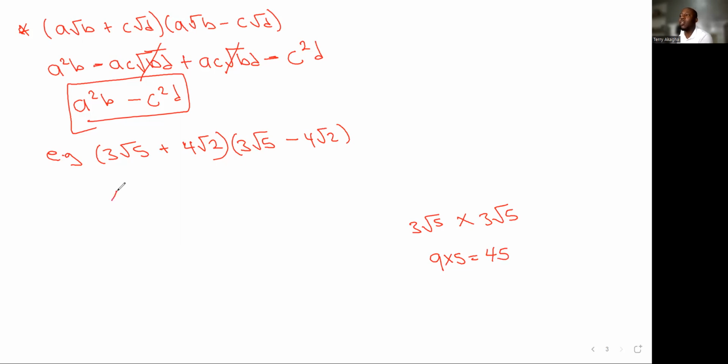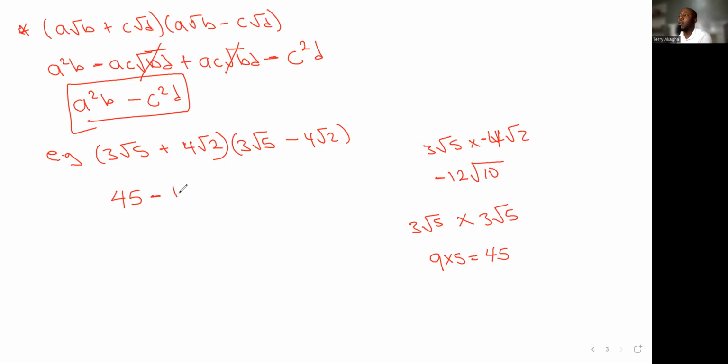So that means here is 45. The next one will be minus, because plus times minus will give us minus. We're going to have 3 root 5 multiplied by minus 4 root 2. 3 times minus 4 will give us minus 12, and 5 times 2 will give us 10.